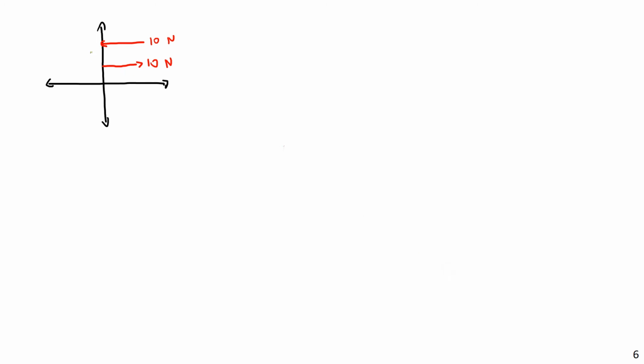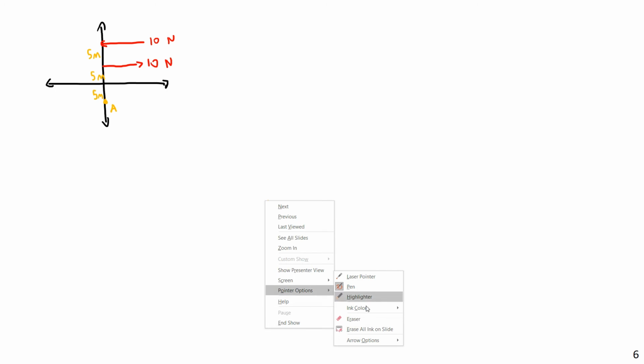Let's say this dimension is 5 meters, and then between the two is 5 meters, then to the origin is 5 meters, and then down to some point, let's call this point A, is also 5 meters. So 5 meters between the forces, 5 meters down to the origin, and another 5 meters down to point A.